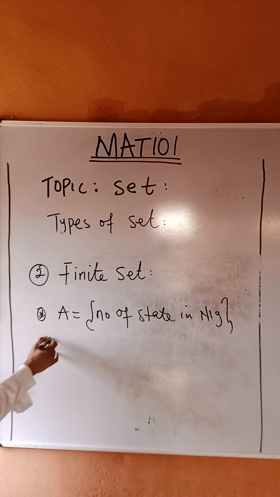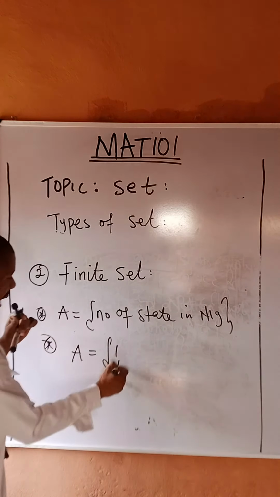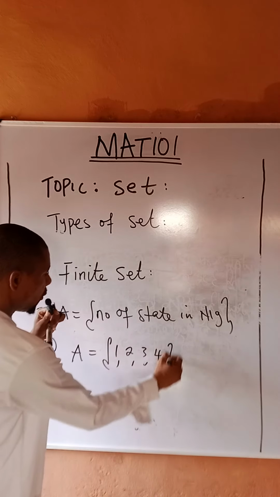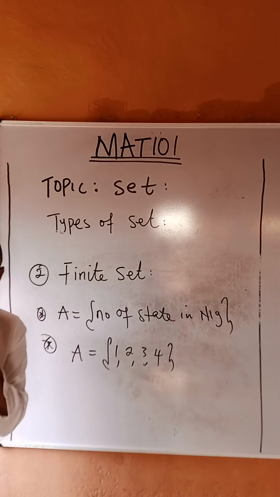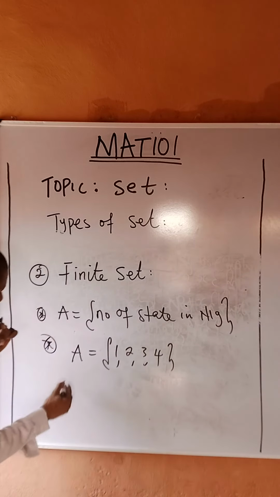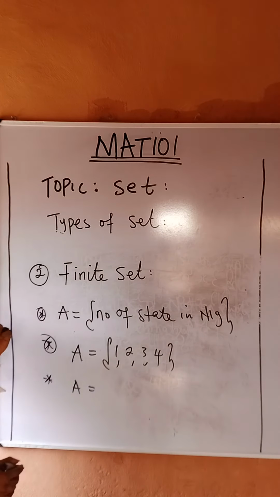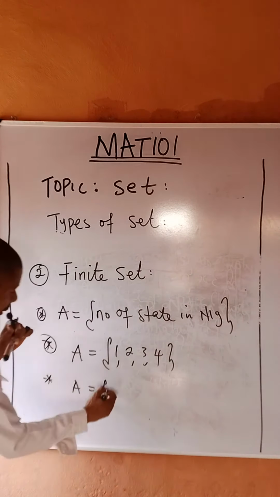This is also another finite set. If I have that A is a set of 1, 2, 3, 4, this is a finite set also because you can see it has an end.